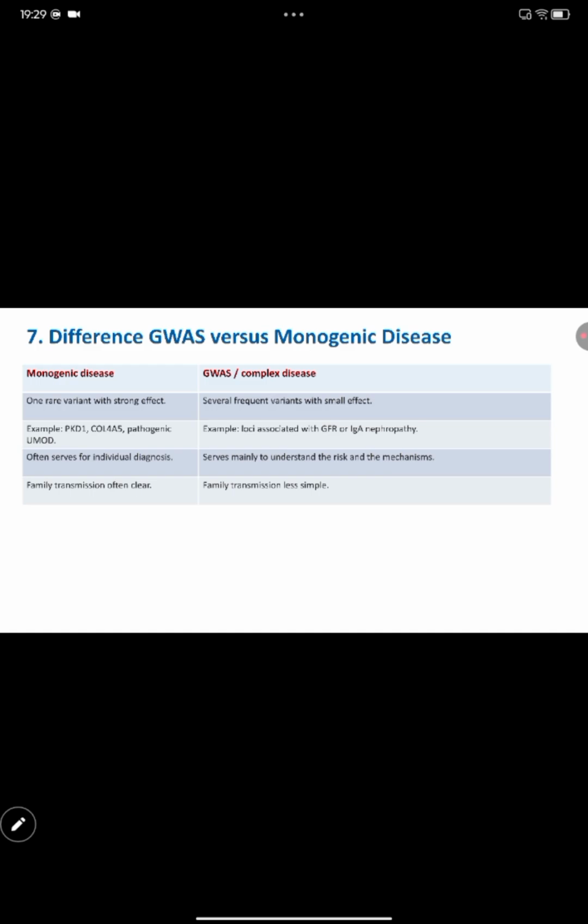In contrast, GWAS deal with complex diseases involving multiple common variants with small effects, such as loci associated with GFR or IgA nephropathy. GWAS mainly serve to understand risk and mechanisms, and family transmission here is less straightforward. So these are the main differences between a monogenic disease and a GWAS complex disease.